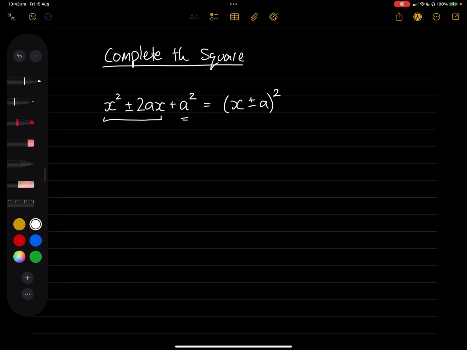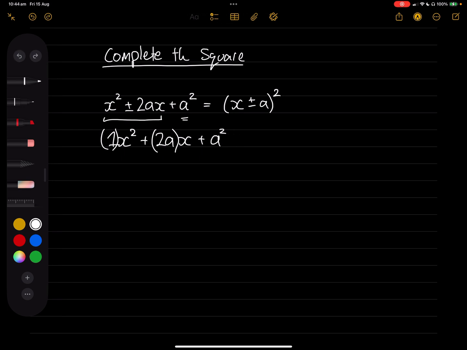So let's look at the relationship between some of the values in this quadratic. We have 1x squared. Let's take the plus case. We'll take the plus and minus cases separately. Plus 2a times x. So this is the coefficient of the x squared. This is the coefficient of the x. Plus a squared times 1. So this is the coefficient at the end.